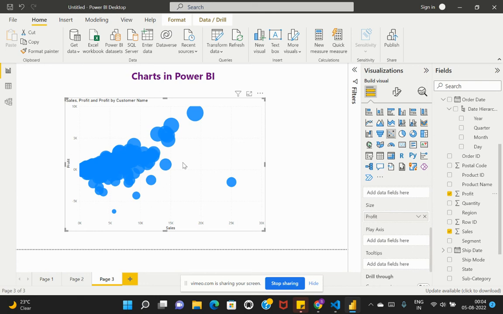The smaller the bubble size indicates that it has got loss, or probably the profit is comparatively less. So in this way, you are able to highlight which specific metric you are mainly focused on. You can just highlight that by placing it on the size legend, right? So that you can make that comparison quite quickly and easily.